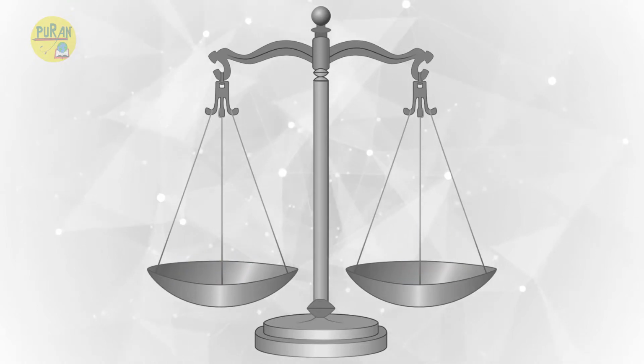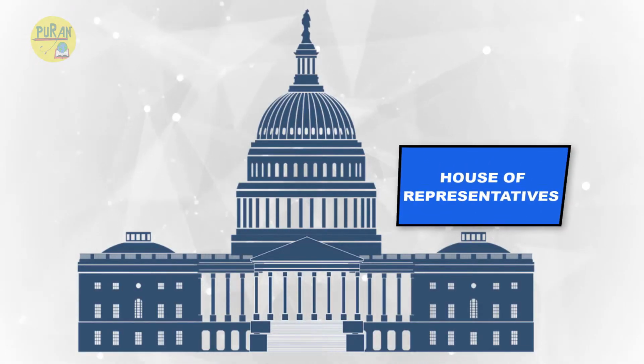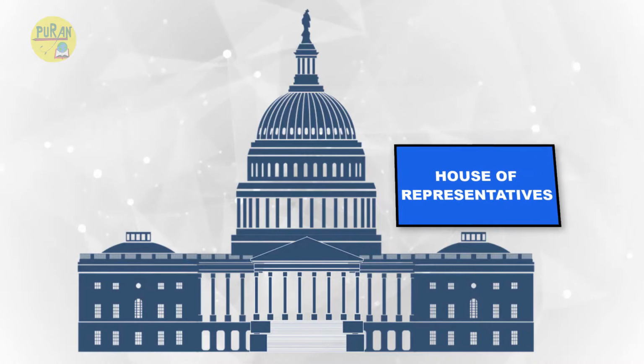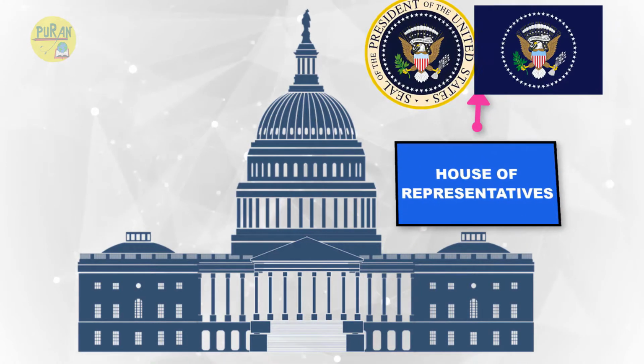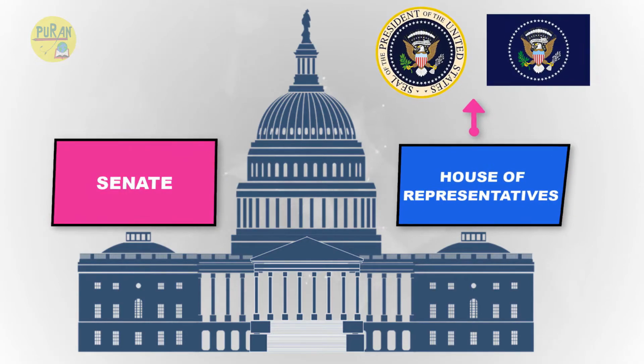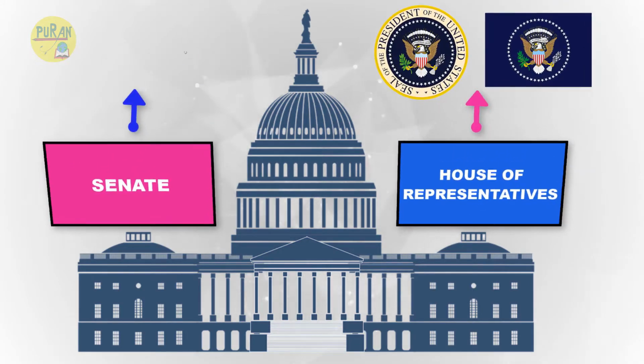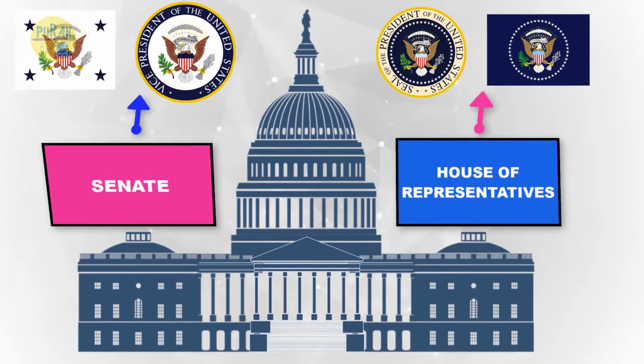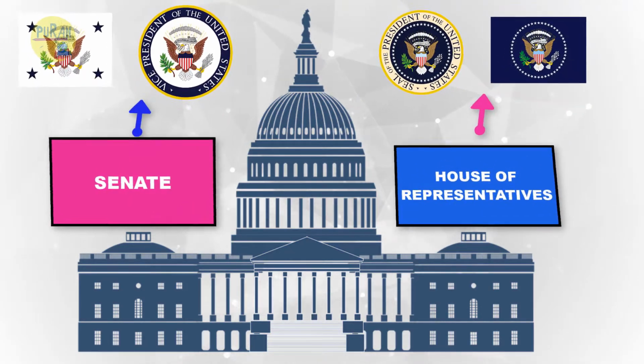Well, in that case, House of Representatives or the lower house chooses the president from top 3 candidates, and Senate, the upper house, chooses vice president from remaining 2 candidates. And it happened once.